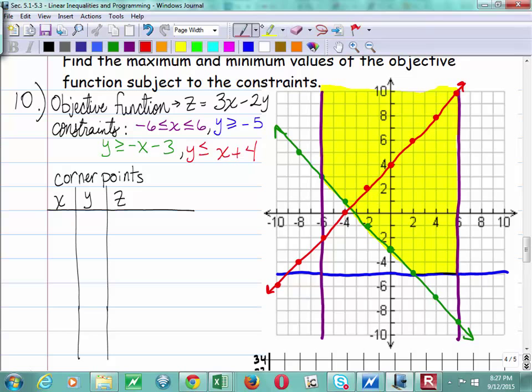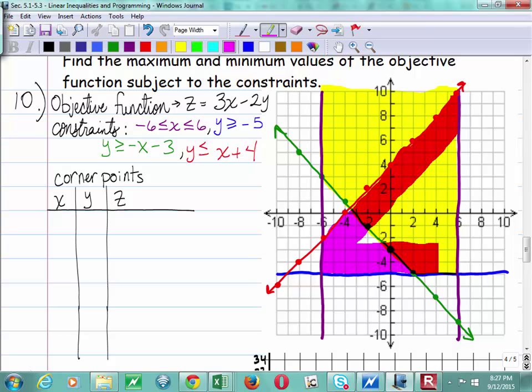So I would shade below this line. And staying inside these walls. Alright, so the red region is the feasible region, okay?